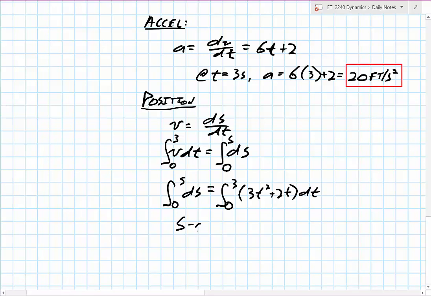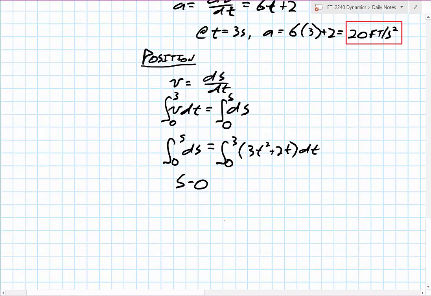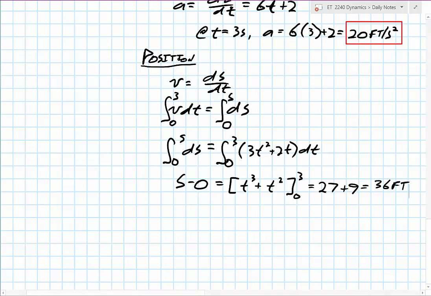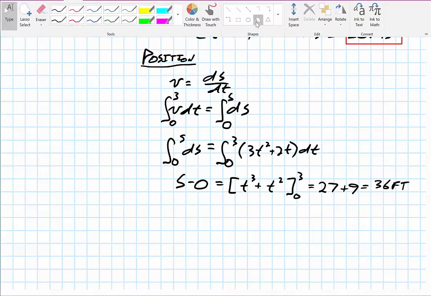So this would be s minus 0. The integral of ds is just s, and that is equal to t cubed plus t squared, with limits from 0 to 3. I can plug that in, and I end up with 27 plus 9, which is a whopping 36 feet. So my location at 3 seconds is 36 feet.